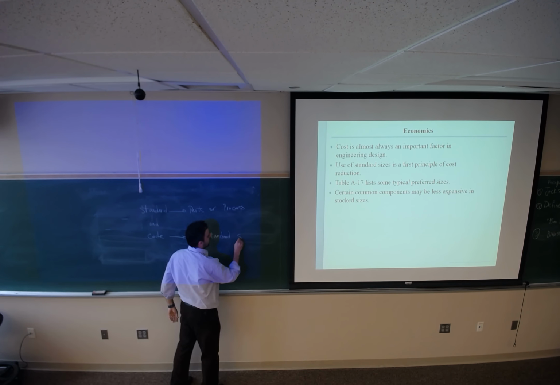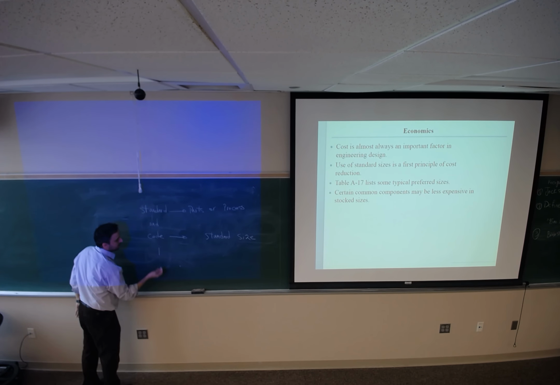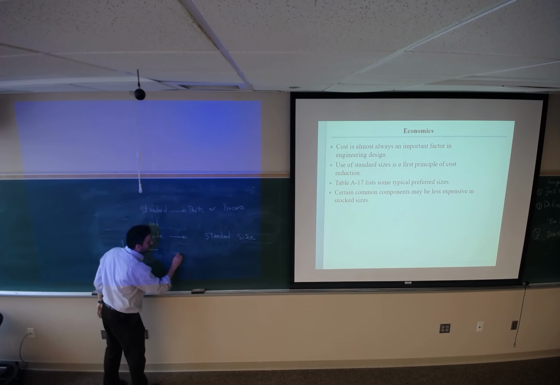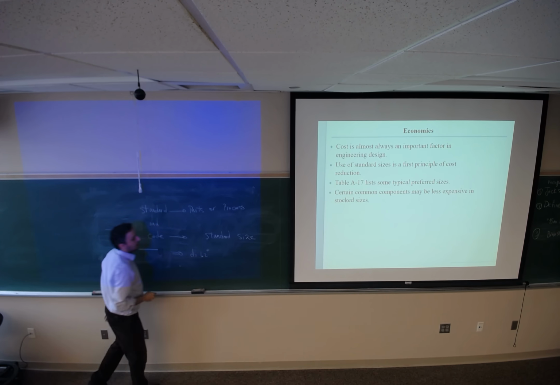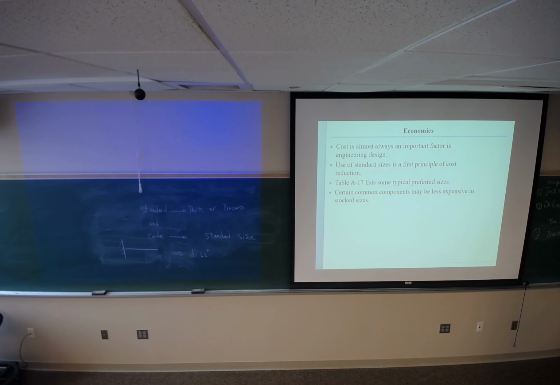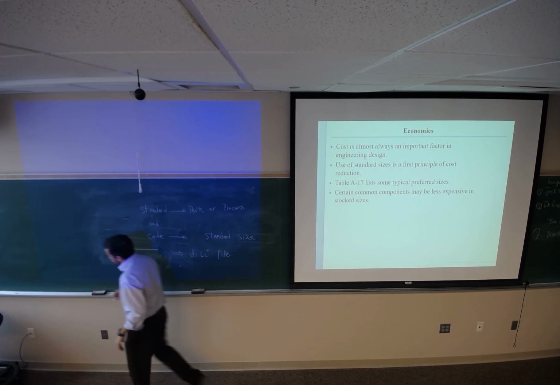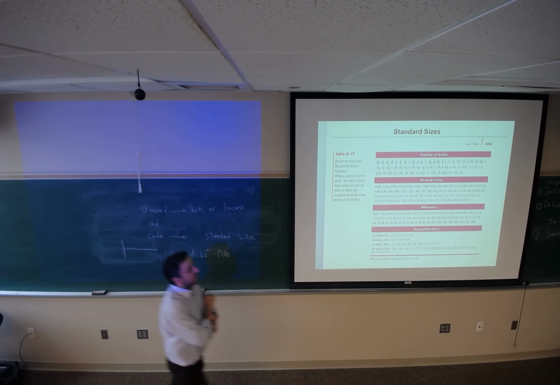Suppose you design a pipe, and you figure out that the diameter for the pipe should be 1.2 inch. You can order a vendor to build this pipe for you with 1.2 inch, or it's going to be less expensive if you go with the standard size. These are the standard sizes that you can find in the market.